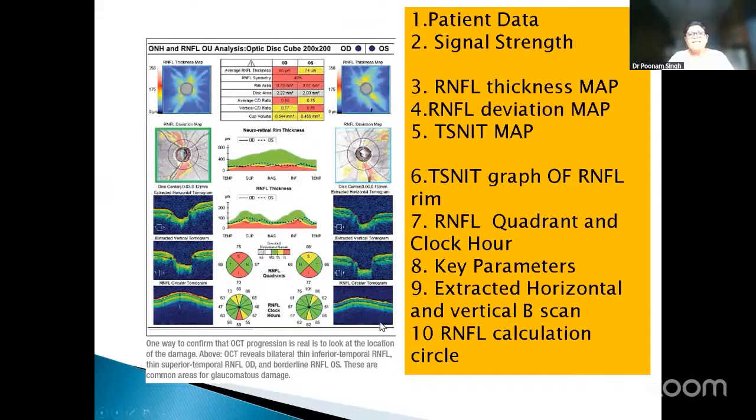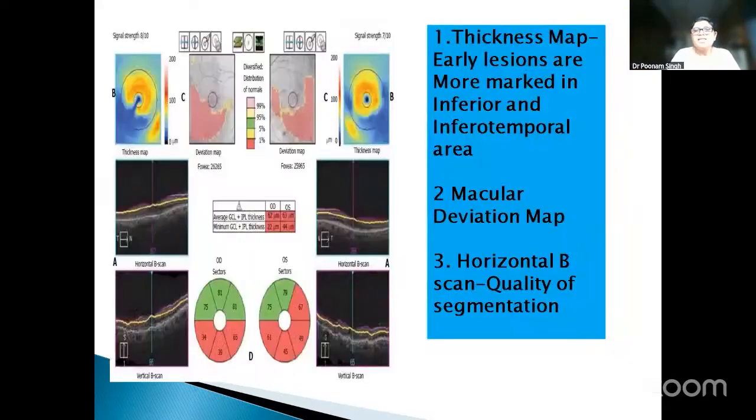And then there is the RNFL calculation, which shows the centration of the patient, if the patient is having good centration, and what is the segmentation of the retinal layers in these patients. So how good is the machine when the segmentation is happening?